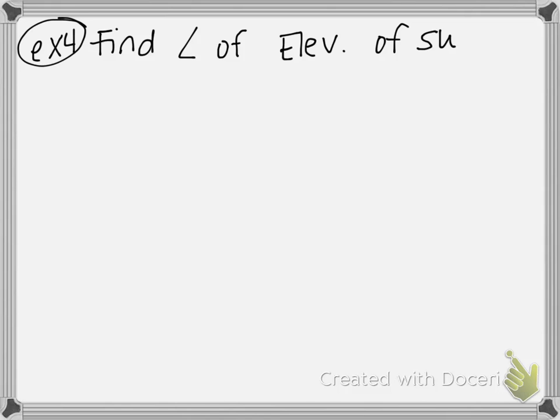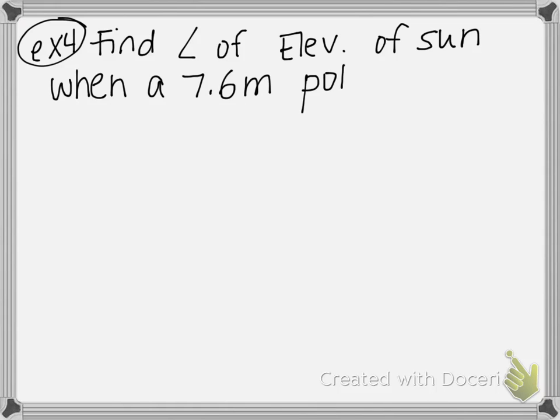So we have our next example, and you're finding the angle of elevation of the sun when a 7.6 meter pole casts an 18.2 meter shadow.